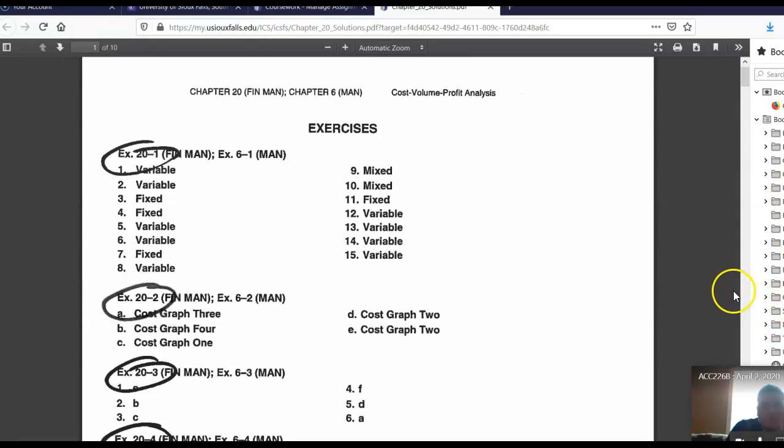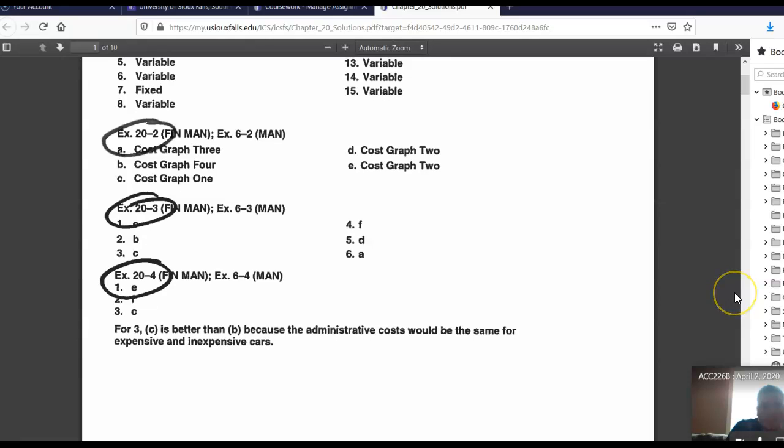Number 4, it says again, identify those cost bases. Number 1, the preparation cost for cleaning oil and gasoline of each car received. Well, letter E, number of cars received. Number 2, the salesperson's commission of 5% of the sales price for each car sold.